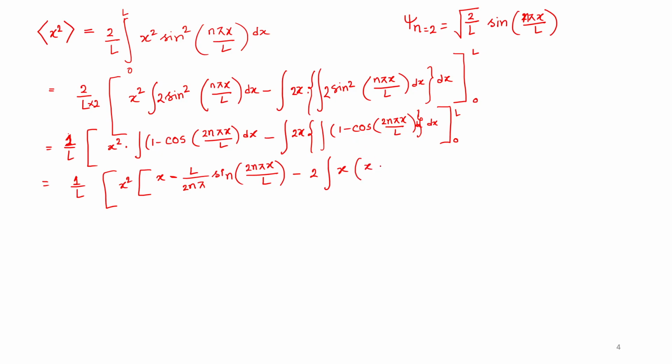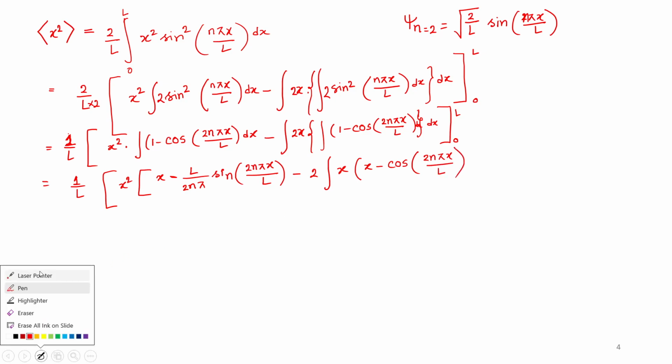We'll get x from here minus cos 2n pi x by, I have done one mistake. I'll just erase some of the part. I will integration of this.